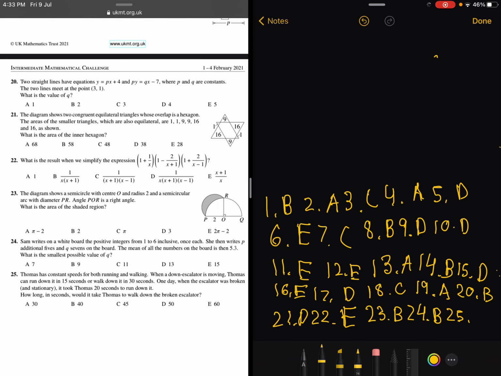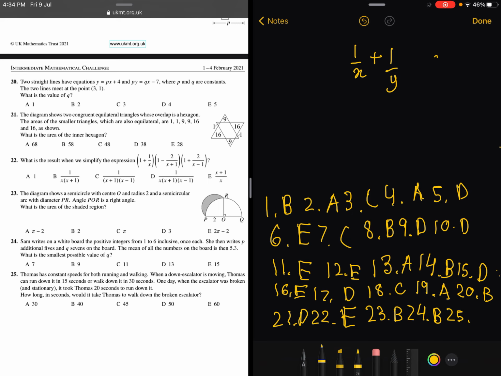So, let's say he takes x seconds to walk down a stationary escalator. So that's 1 over x. And the speed of the escalator is y.